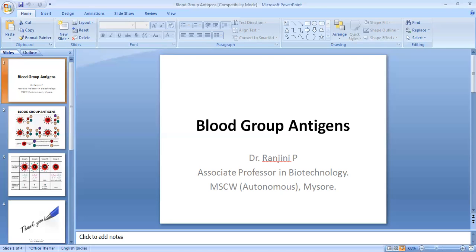Next, what is the importance of Rh antigen? You have heard of erythroblastosis fetalis in your practical classes. The Rh antigen plays an important role in this erythroblastosis fetalis.